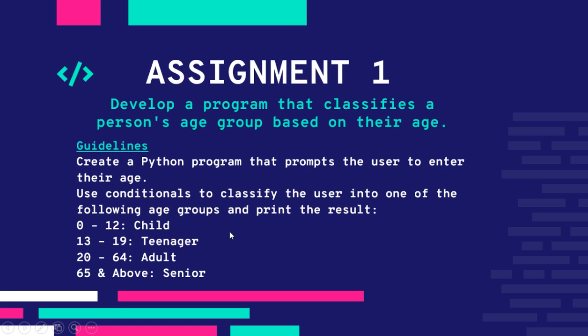So you can just say you are a child. If it's 13 to 19, that's teenager. If it's 20 to 64, that's adult. If it's 65 and above, that's senior, right? I hope you understand this.